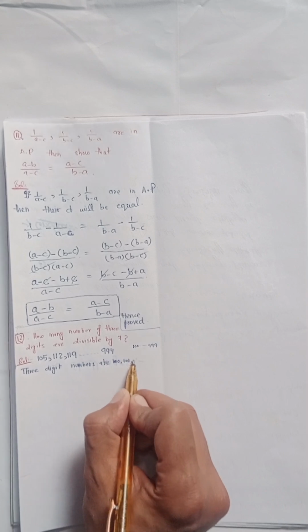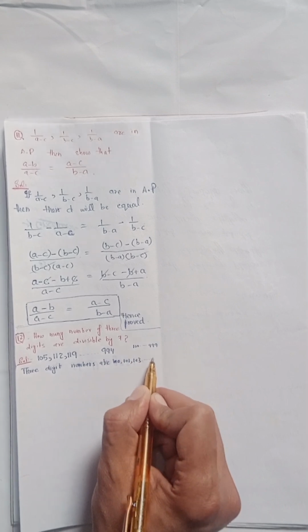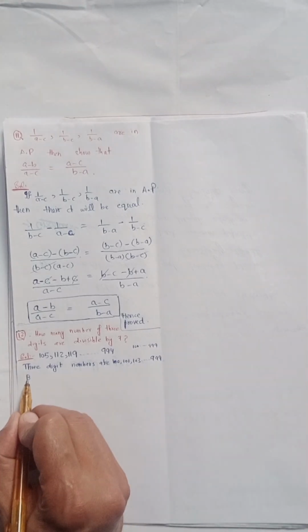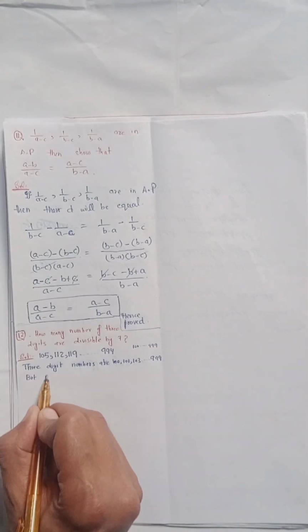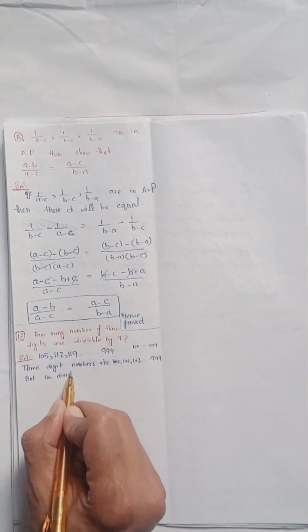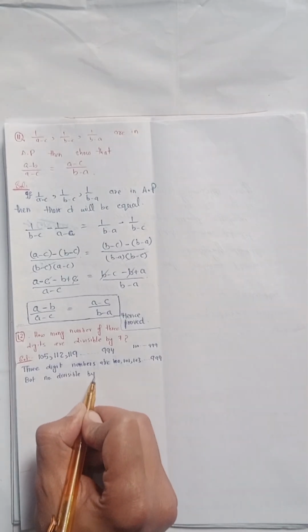So our A1 for this arithmetic progression is 105 and AN is 994, and our D is 7.